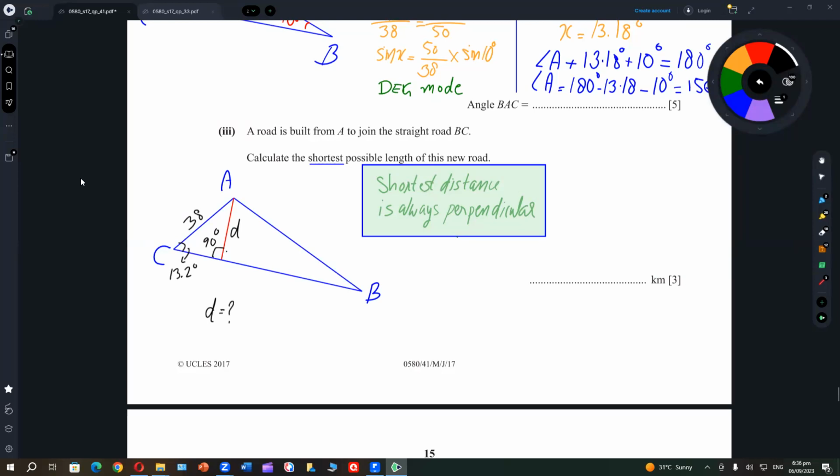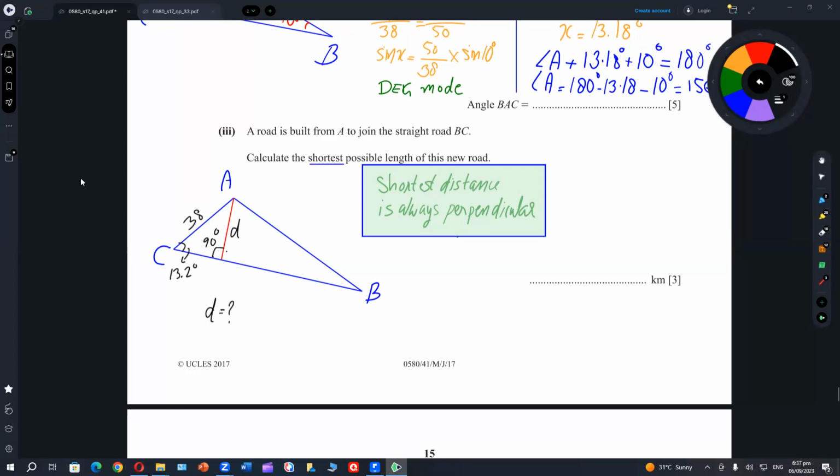Now it's a triangle. It's a right angle triangle.